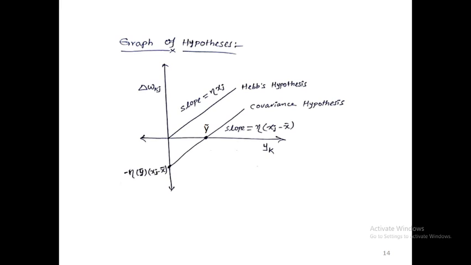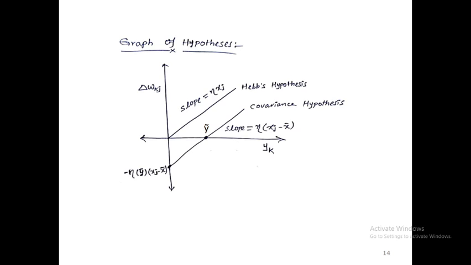So now we need to draw the graph between del wkj and yk. Del wkj is equal to neta into xj yk, so the slope of the Hebb's hypothesis line is neta into xj, because it is in the form y is equal to mx, where y is del wkj, m into x is yk, and the remaining product is neta into xj.